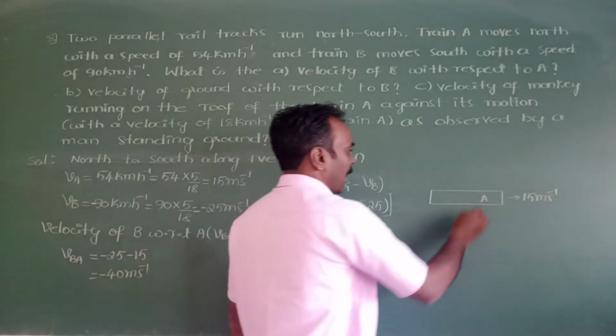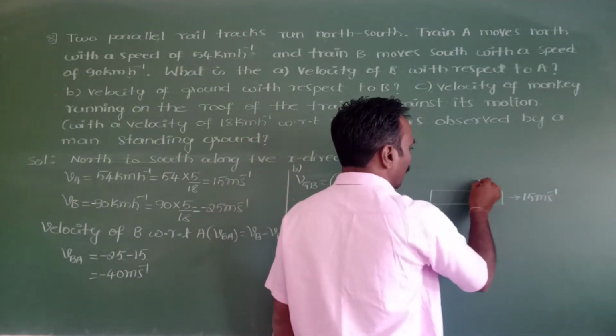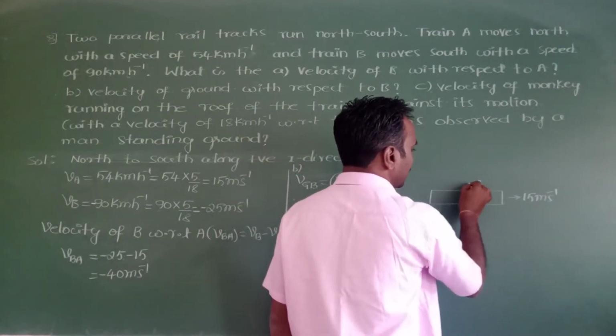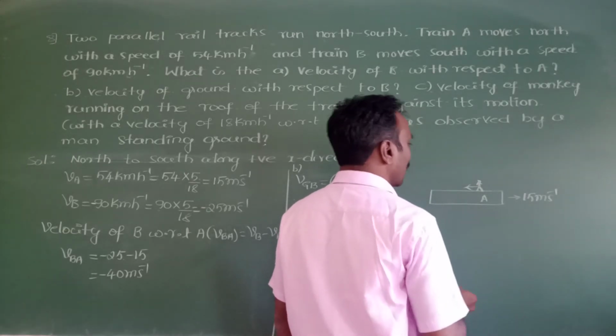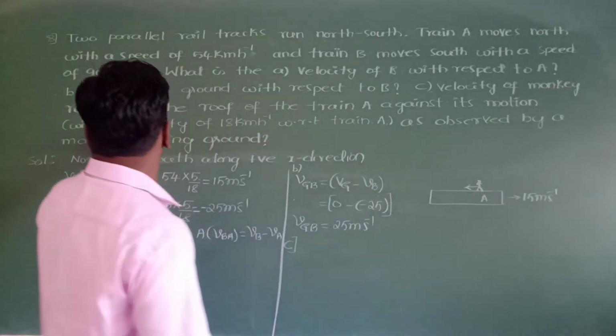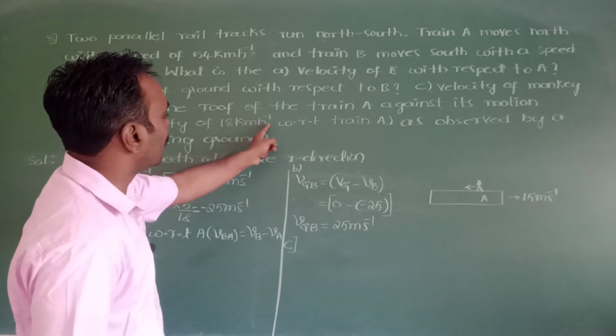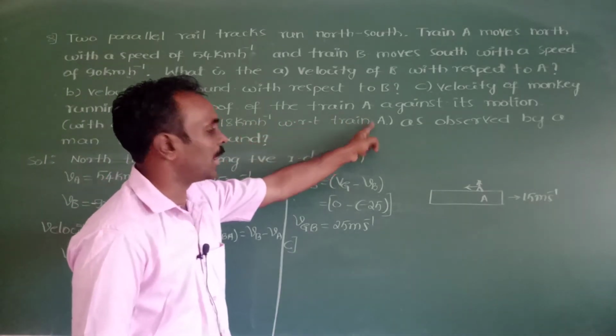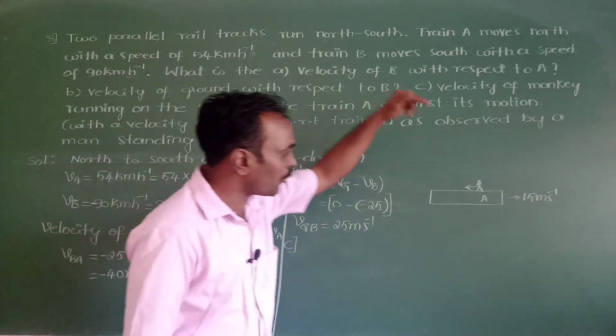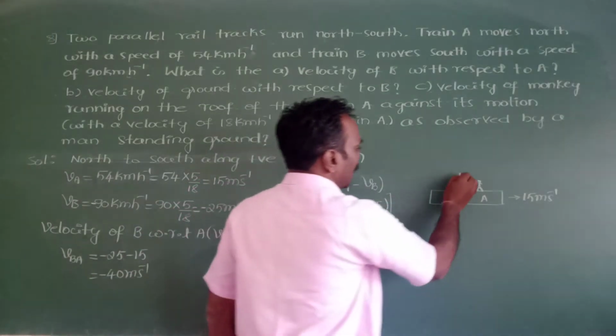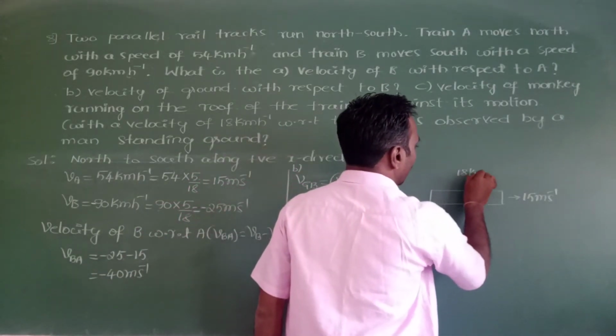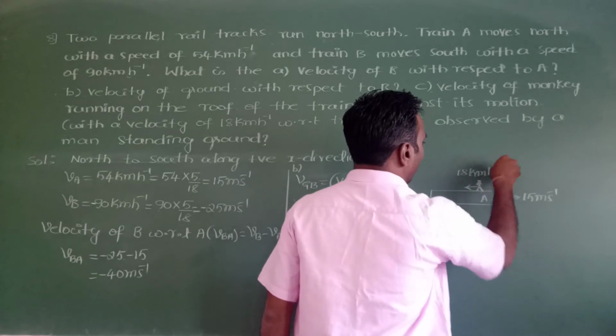And the monkey is running over the roof of this train with a relative speed given as 18 km per hour with respect to A. The relative velocity of monkey with respect to A is 18 km per hour.